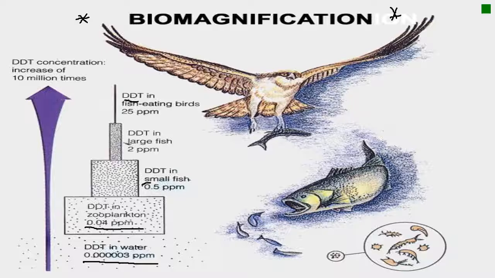So we start to see that parts per million number getting larger and larger. Then when the small fish are eaten by the large fish, they get even more DDT. And then you get right up to the top of the food chain, and these guys have the most DDT in their systems compared to things on the bottom of the food chain.